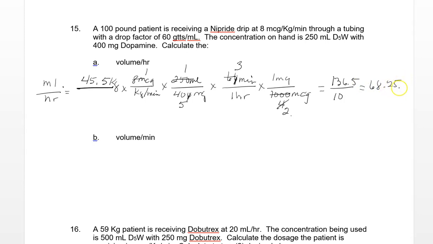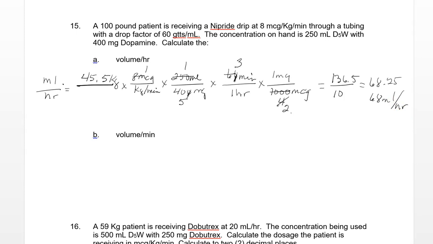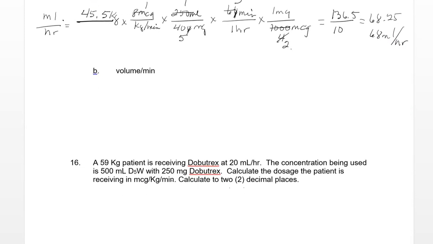We can't give a decimal of a milliliter, so it ends up being 68 milliliters per hour. Right? Okay. So then you go on to figure out your volume per minute, which ends up being 68 drops per minute. Okay.